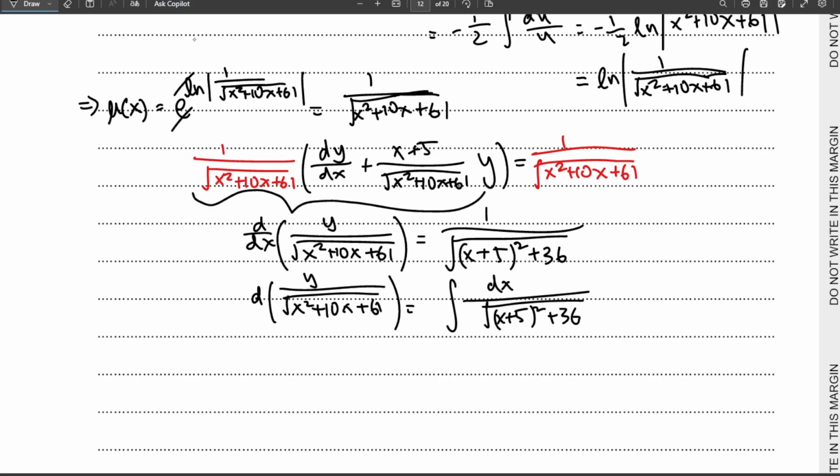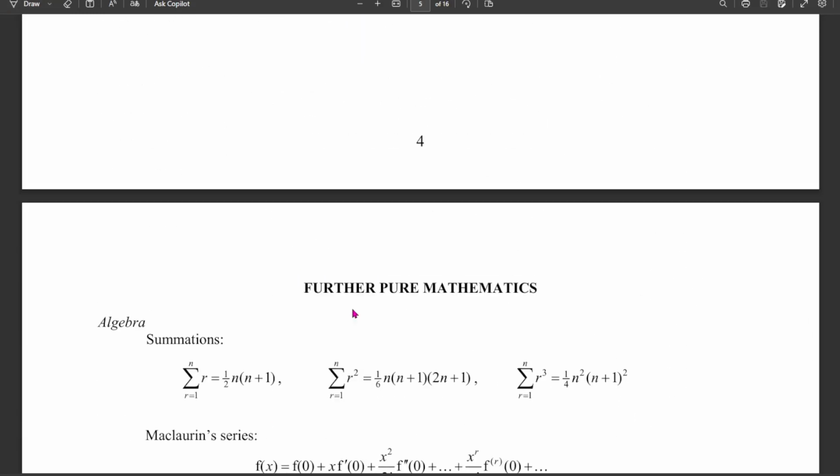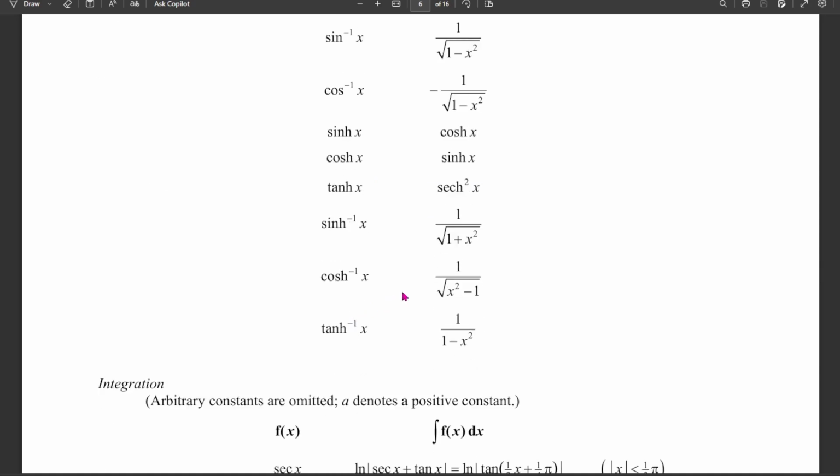And perhaps also this 36, if you try and simplify this even further, this is a 6 squared. And since 6 squared is here, I want to pull it out of the square root, because if we look at the formula sheet for integration, in this form we can integrate it to become the inverse hyperbolic sine function.